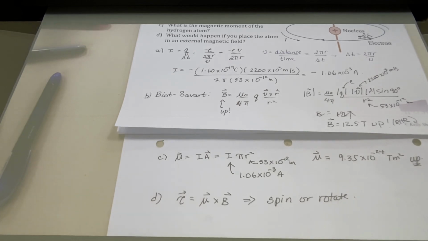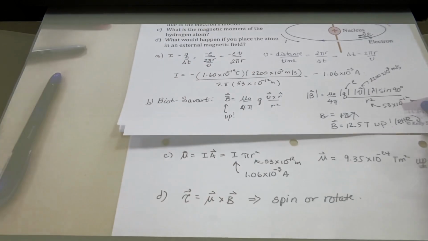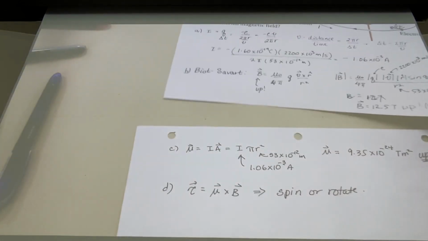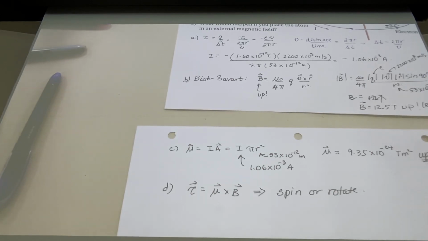So there would be a non-zero torque, and torque just causes things to spin. Implications of this: this is every single hydrogen atom, and not just hydrogen atoms, it's all of the atoms, because they all have electrons whizzing around the nucleus. So all of the atoms you can think about do this.